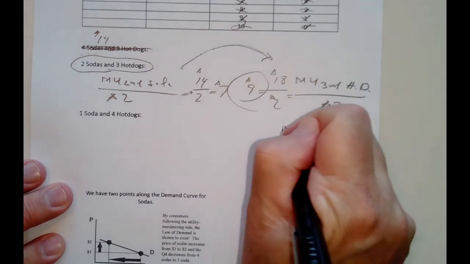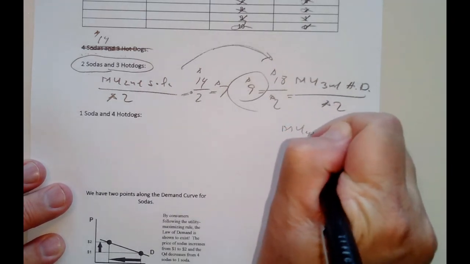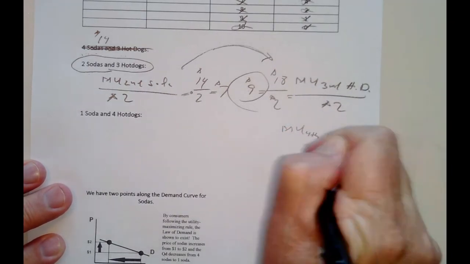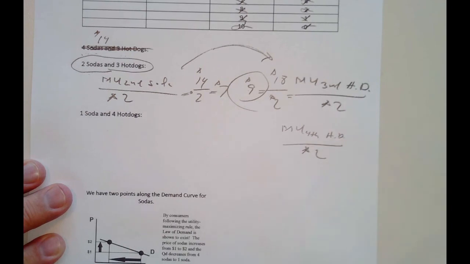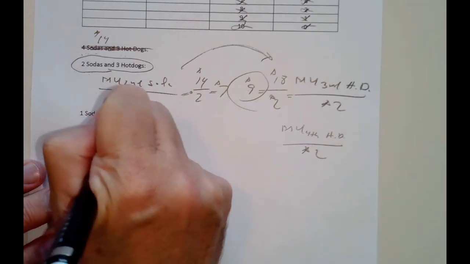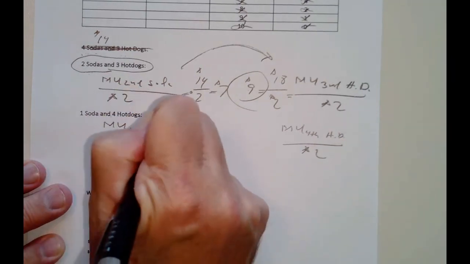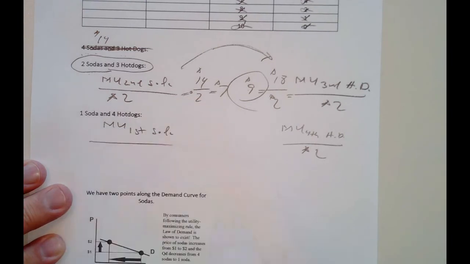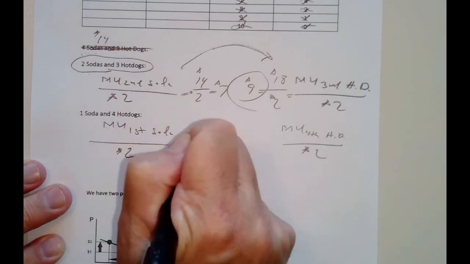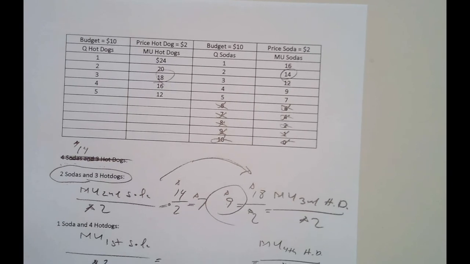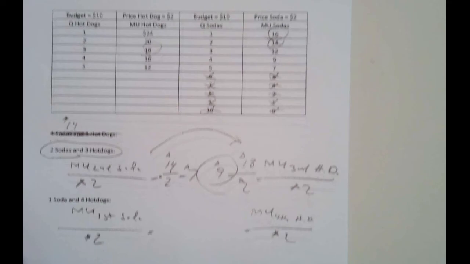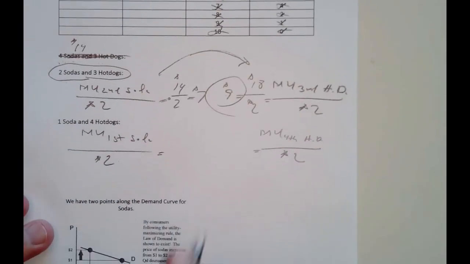So look at the marginal utility of your 4th hot dog. Price at $2. The marginal utility of the first soda, price of $2. First soda is $16 of utility, so make that 16 right there.